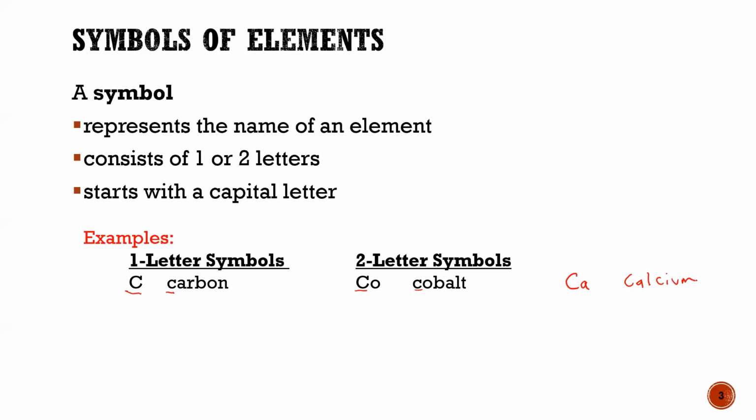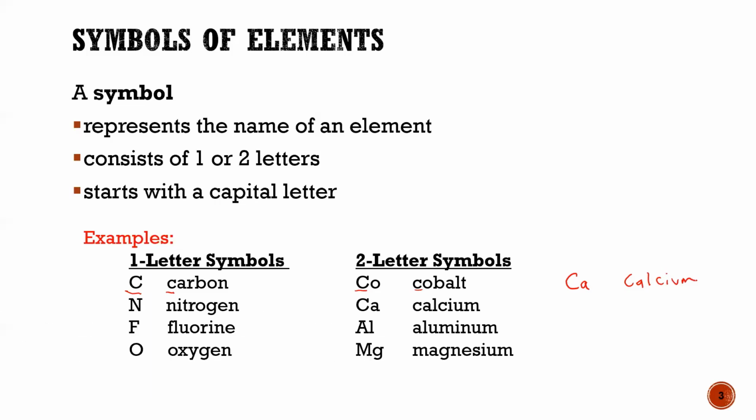Let's take a look at a few others. Nitrogen, capital N. Fluorine, capital F. Notice with fluorine, the correct spelling, which is counterintuitive, is U before O. You would think it's O before U because that's much more common in spelling, but spelling's important too, so we want to note that.